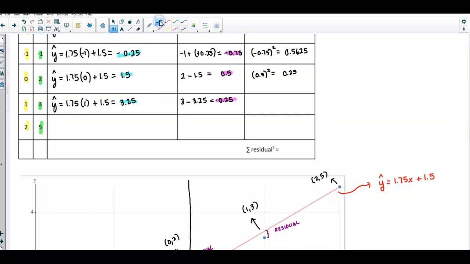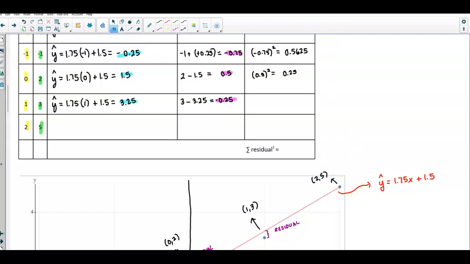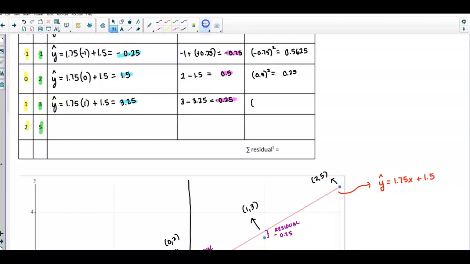So if we take a look at our residual down here, this residual represents the distance of negative 0.25. Then we're going to take this negative 0.25 and square it, and that's going to give us positive 0.0625.